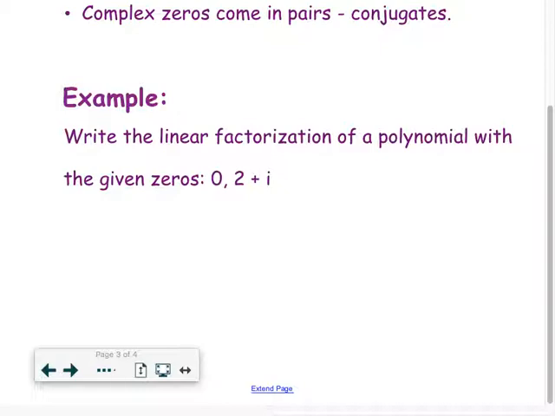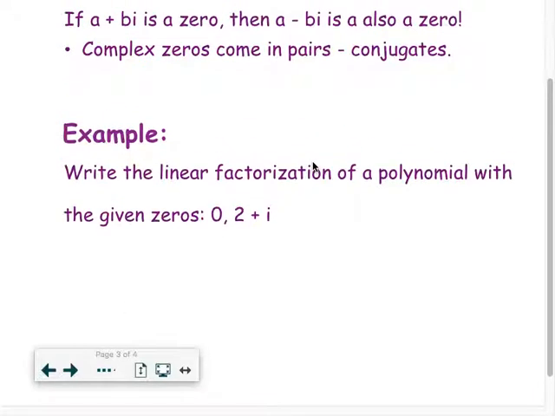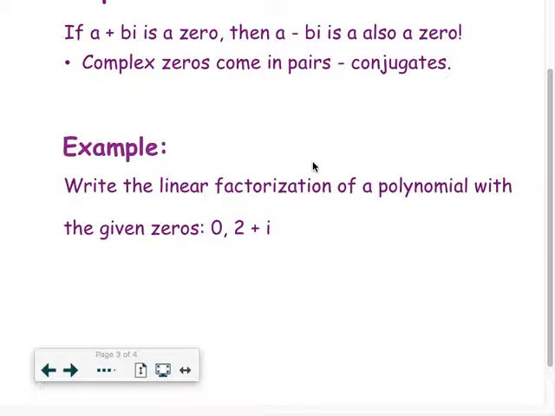In the example at the bottom of the screen, it says write the linear factorization for a polynomial with the given zeros, 0 and 2 plus i. There's something you fill in because you know about complex zeros. So if 2 plus i is a zero, what is another zero of that polynomial? 2 minus i. Its complex conjugate.